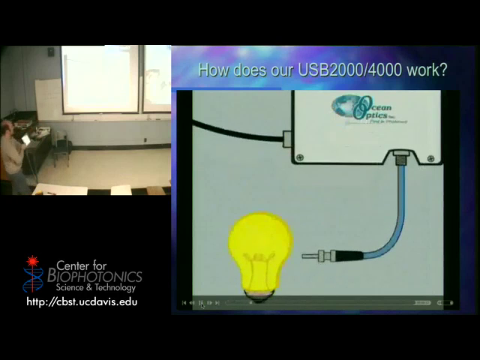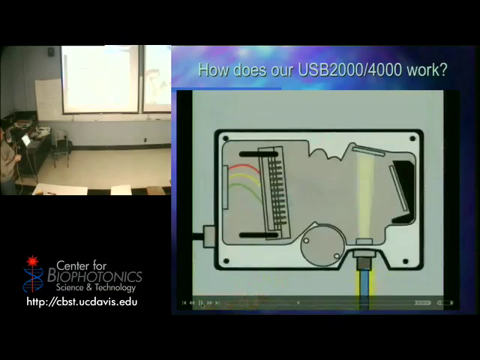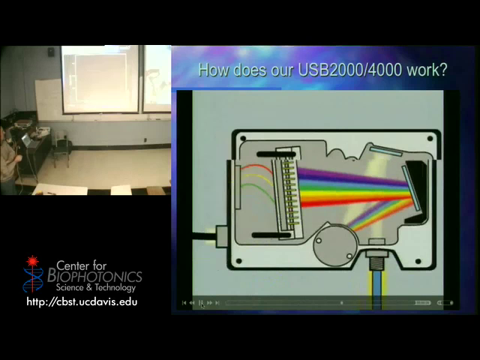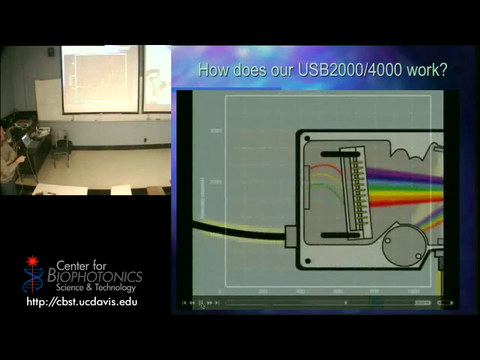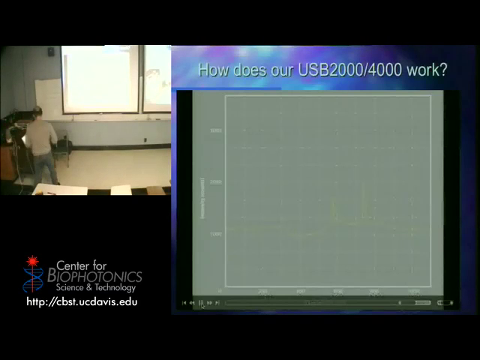Notice the light goes in the fiber optic, and it bends, because it doesn't care about that. It bounces off a mirror, the grating separates it into the colors, spreads it out even more, gets the readings on the CCD, which then converts into energies and intensities and counts. That's what this machine does.